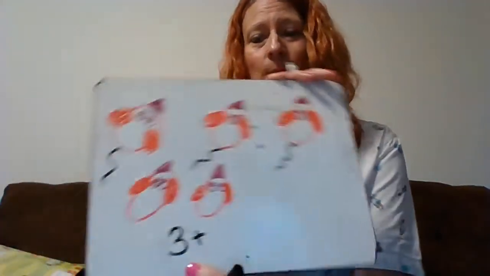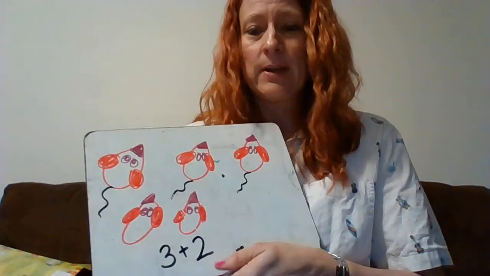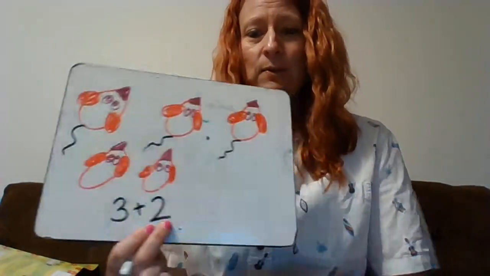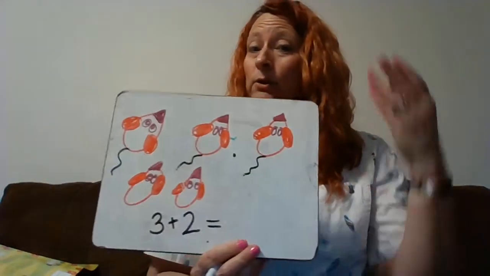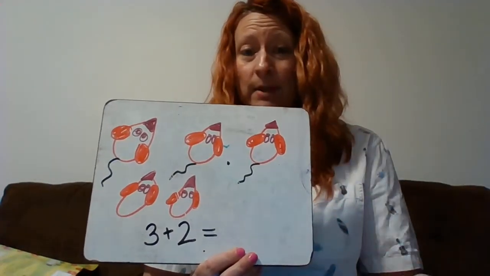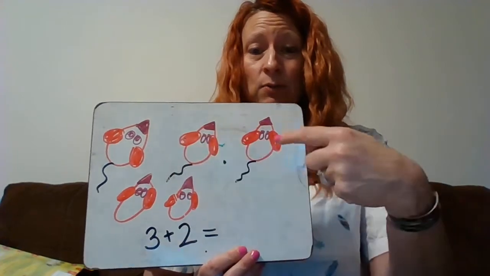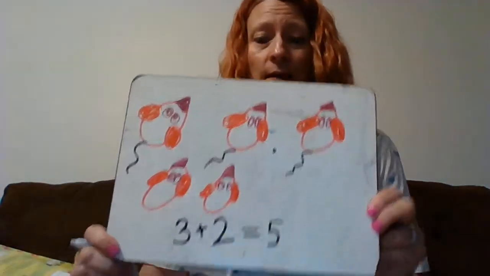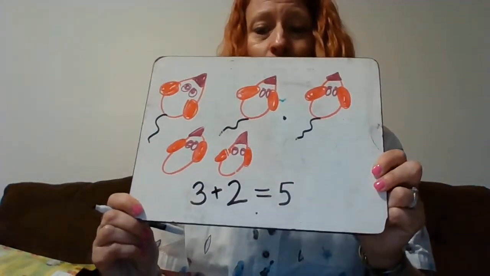And how many mice do not have tails? We have 2 that do not have tails. So we say 3 plus 2, and I have to write my equal sign because I need to know how many all together. How many mice do I have all together? 1, 2, 3, 4, 5. So 3 plus 2 is 5, and that is my answer.